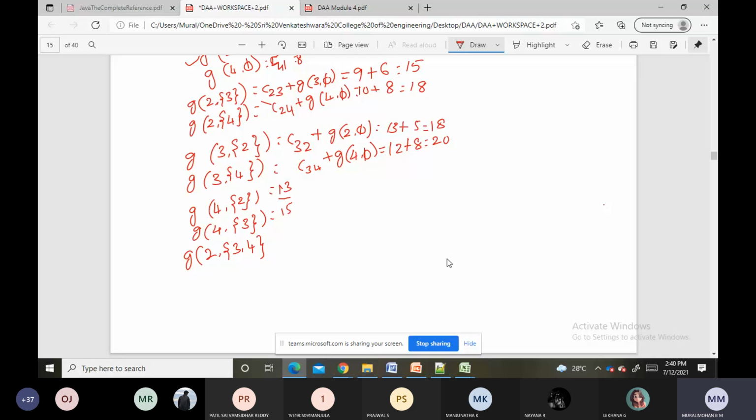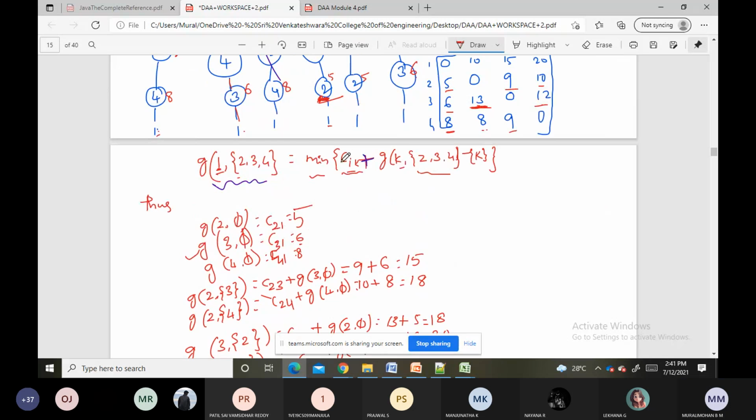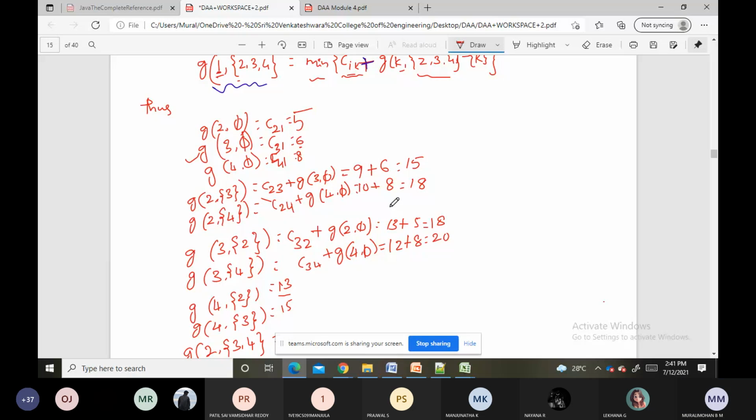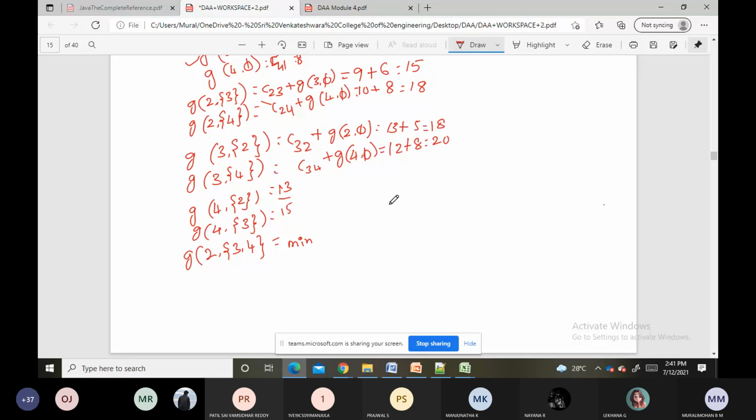Okay. Now for this we have the formula, minimum of, you can just see here, this one. So minimum of C of ik. It is equal to minimum of C of ik, where i is 2 and k is 3.